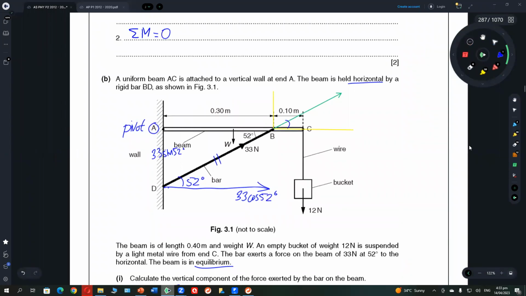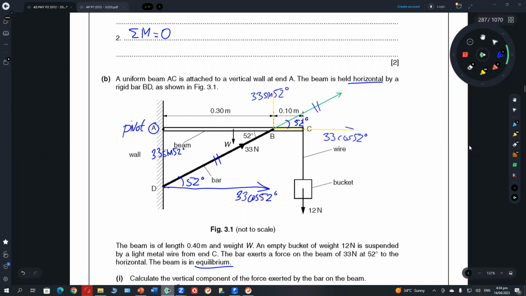I'm just making things more clear so I can show my components. This is 52, sorry. This is 33 cos 52 and this is 33 sin 52. I've resolved it. Now this is a good picture of what we are showing.